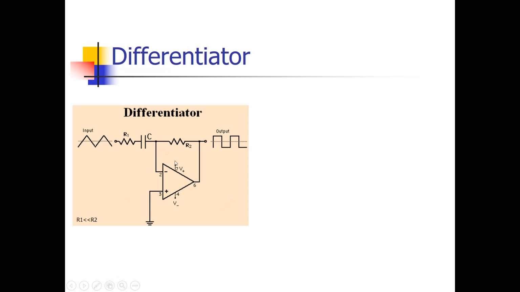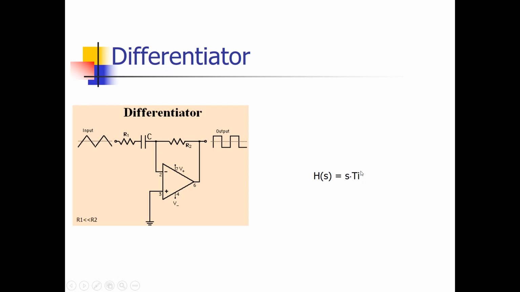Well, this RC combination gives the differentiating action in the analog domain, and we can also look in the S domain by replacing j omega by s, and then we get the transfer function H is equal to s times Ti. So again, we have an expression with an s, but we can also say this is s times Ti over 1. And when we do that, we see that the denominator has no parts with s in it. So there are no poles.